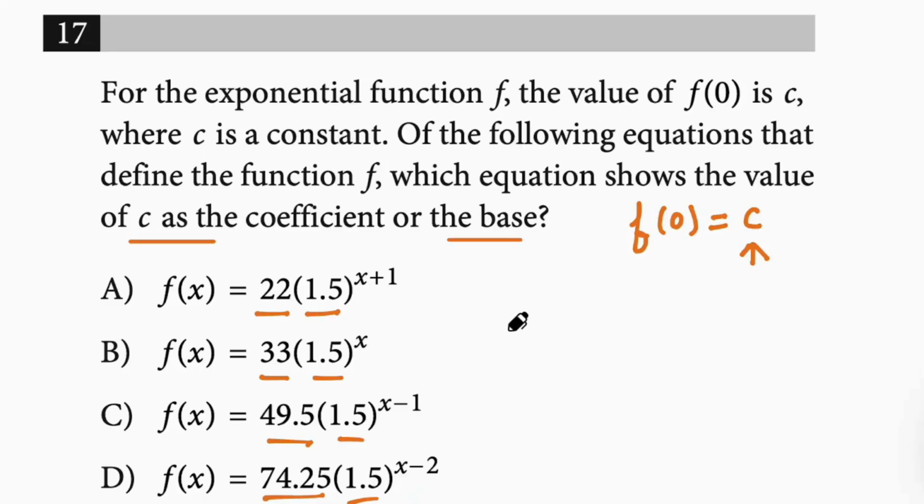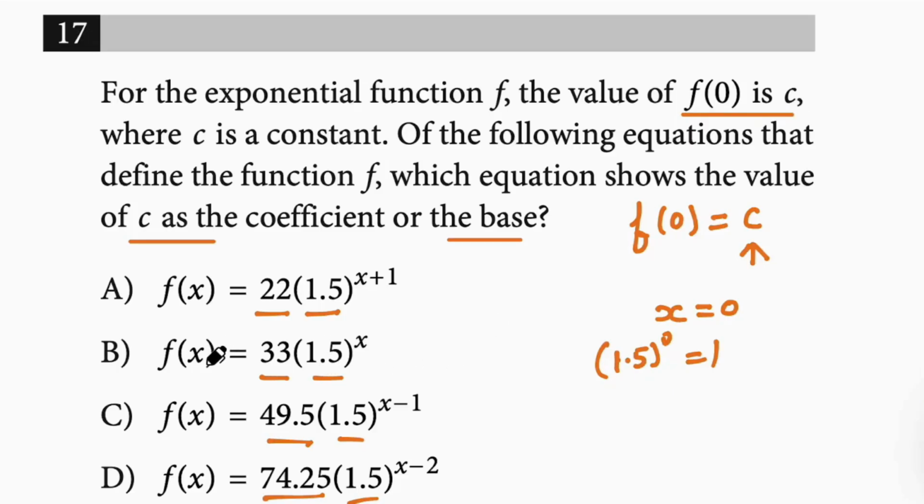Now we know a property: when x is equal to 0, the power becomes 0 and that will be equal to 1, right? So here, if x is 0, you will be left with 22 only. Now you will say, why can't we put x as negative 1? No, it is given that f of 0 is equal to c.